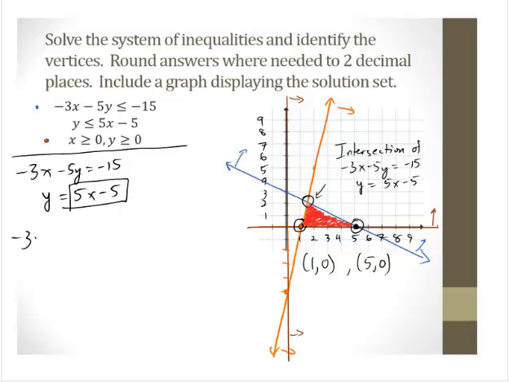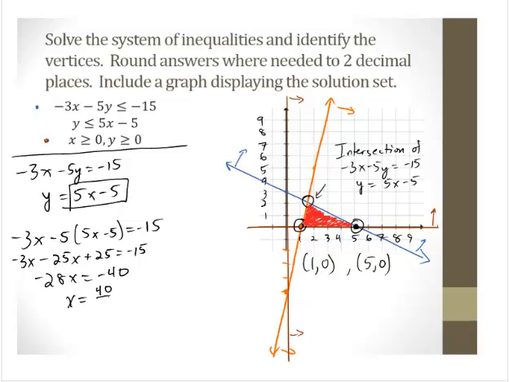Negative 3x minus 5 times (5x minus 5) is negative 15. Negative 3x minus 25x plus 25 is negative 15. Negative 28x is negative 40. x is 40 over 28, which, dividing through by 4, gives me 10 over 7.